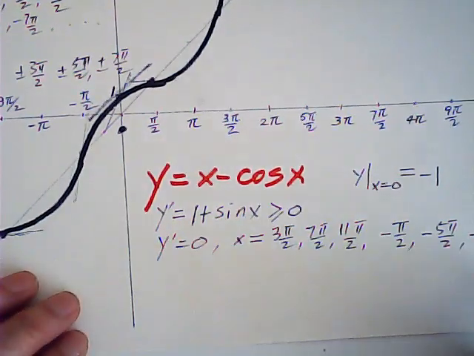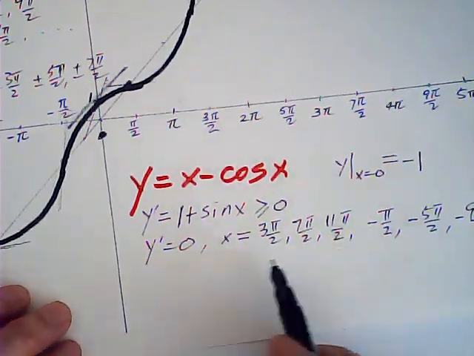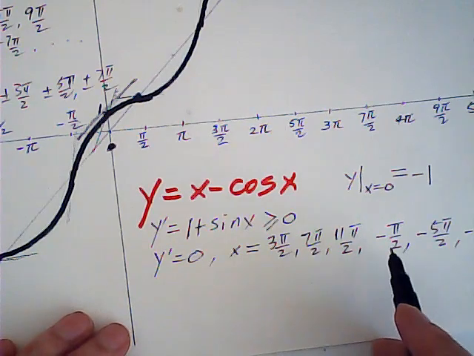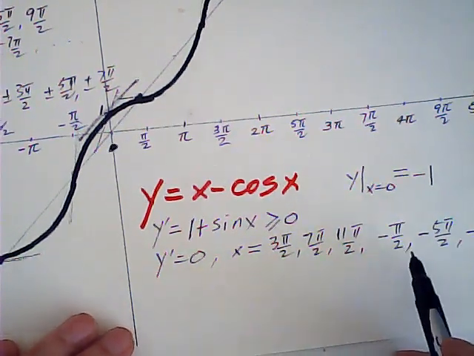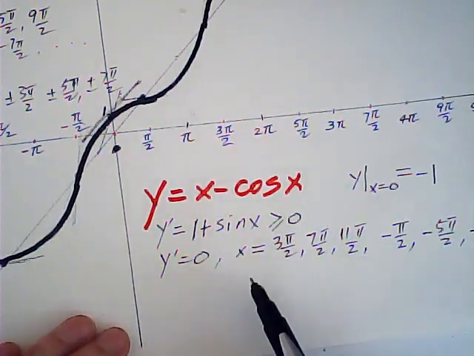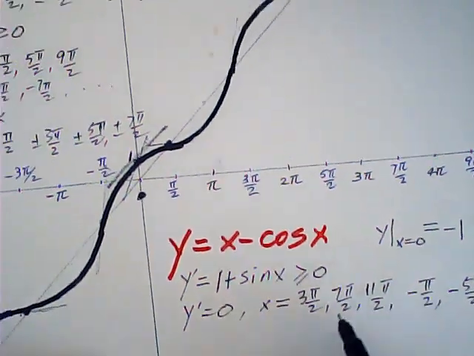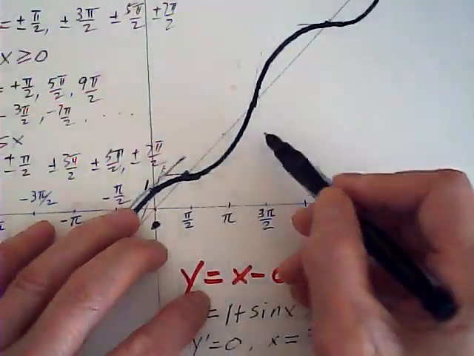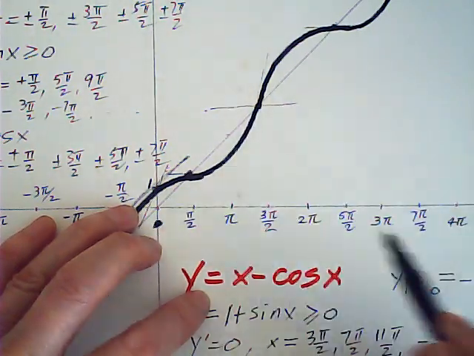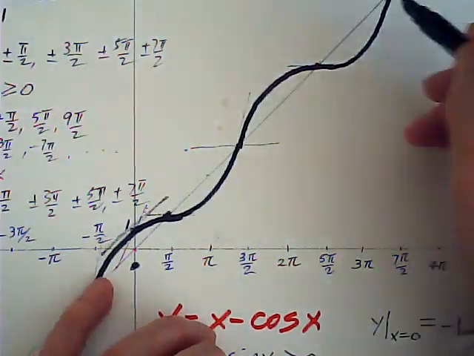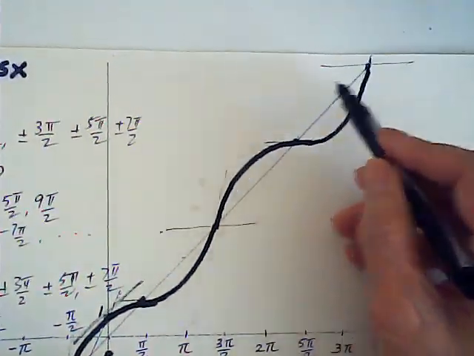So at these points, the slope of tangent is 0, which means at these points, the curve is tangent to the horizontal line, right? At this point, the tangent line is horizontal.